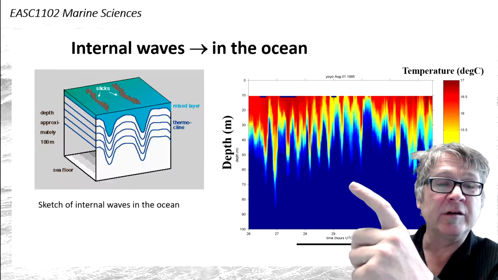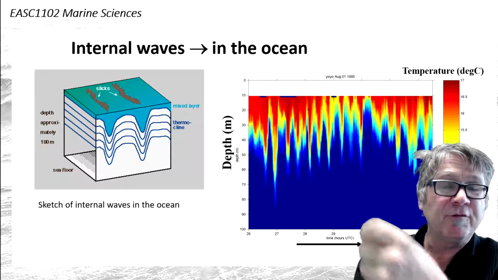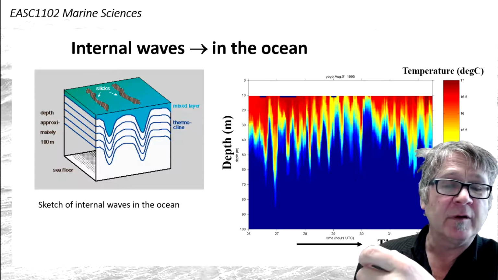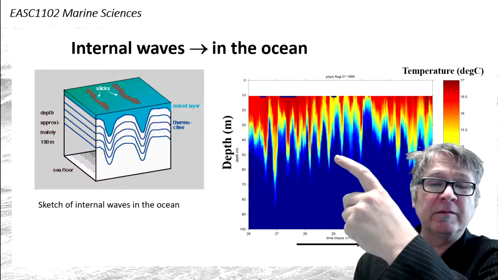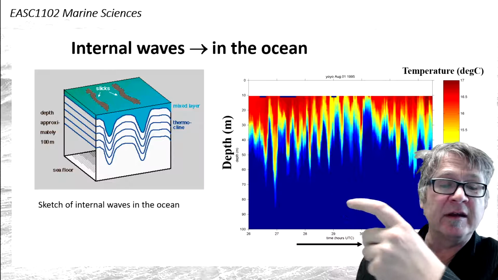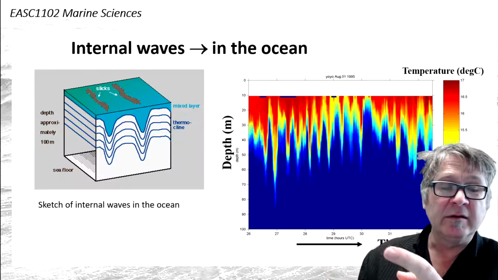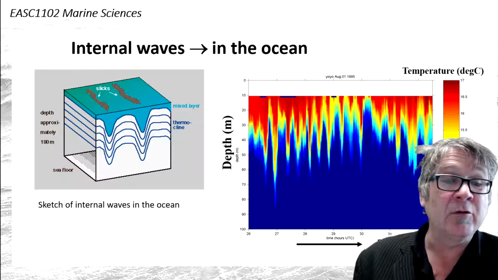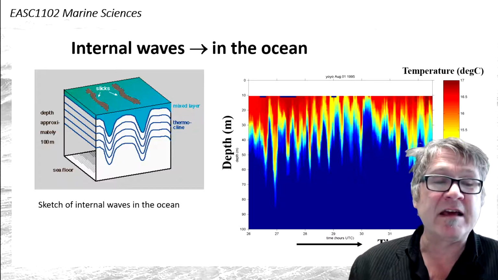Here's one example of an internal wave measured by repeated vertical profiles of temperature. You can see that there's cold water moving up and down, and you can estimate the period. For example, the x-axis is hours, and during 1 hour you have something like 3 peaks of the wave.